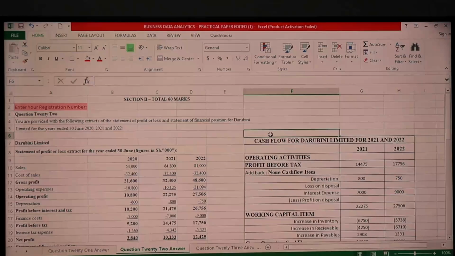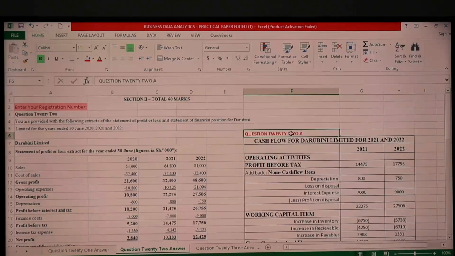Here you can type: Solution for question 22A. It is important to indicate that. If possible, just note it with a different color.